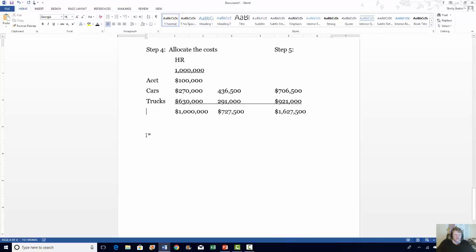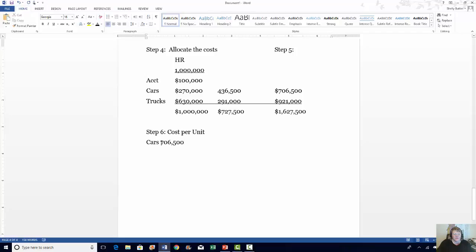Now step 6, we'll go down here. Step 6 is divide the total allocation by the number of products produced. So this is going to give us our cost per unit. So for cars, we have $706,500.